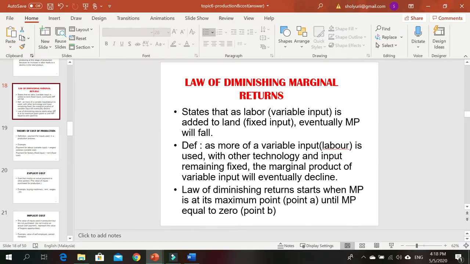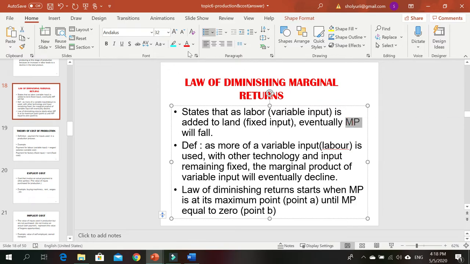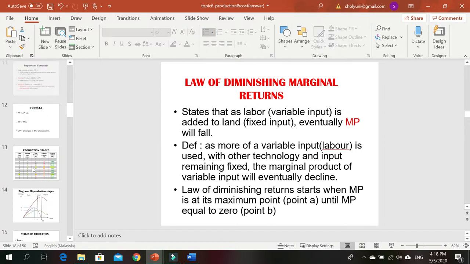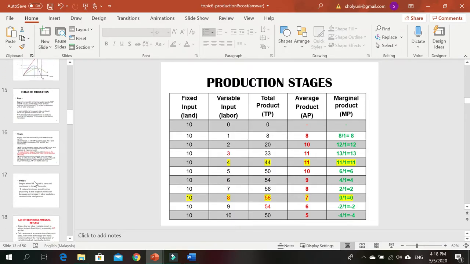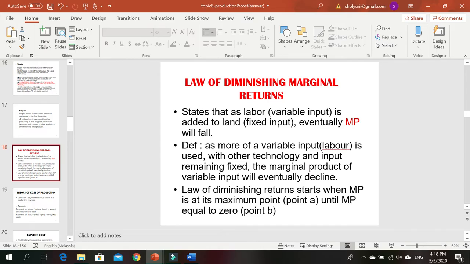This law is talking about marginal product. How do you know when this law begins? You look at the marginal product box. When marginal product starts to fall, 8 rises to 12, rises to 13, falls to 11, the law begins here. So that one is for the law of diminishing marginal returns, the law that governs the production process in the short run.